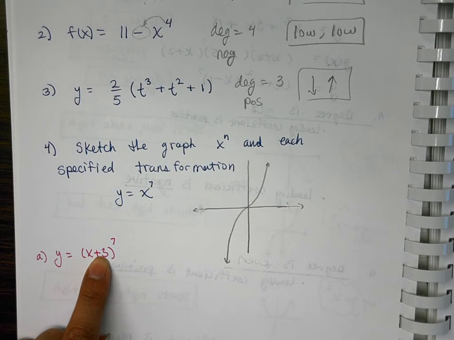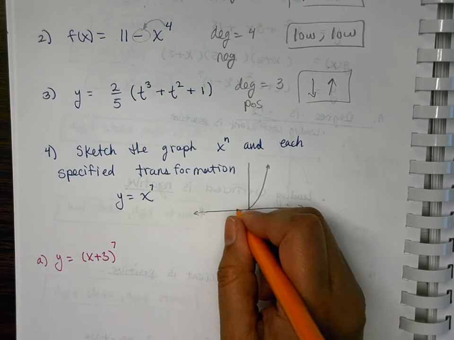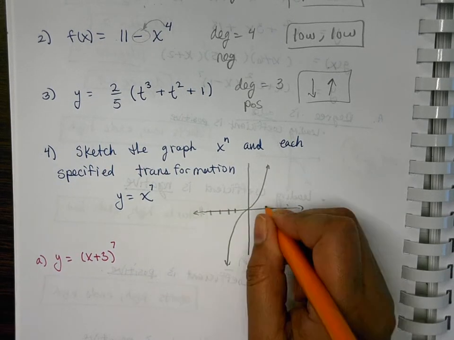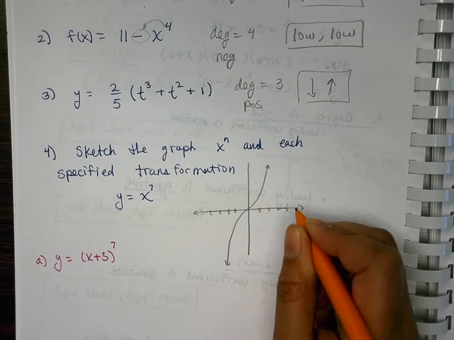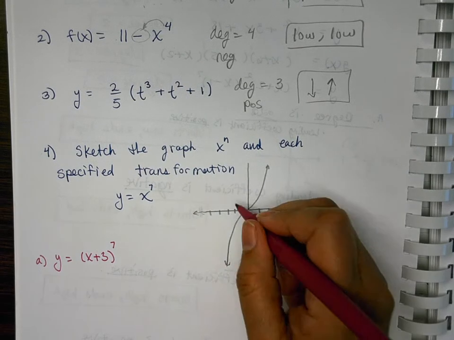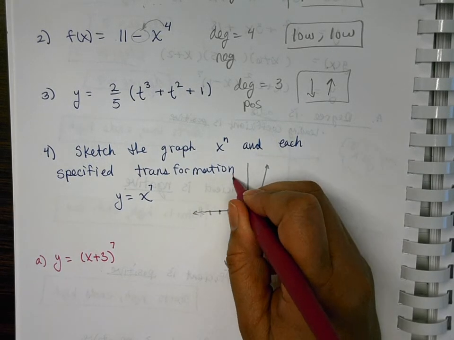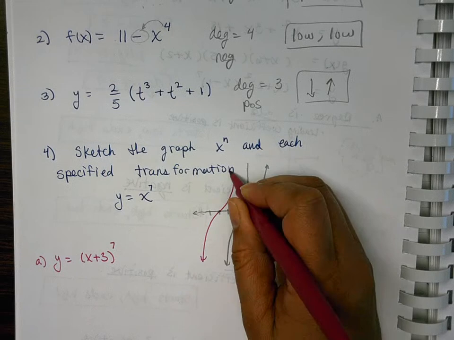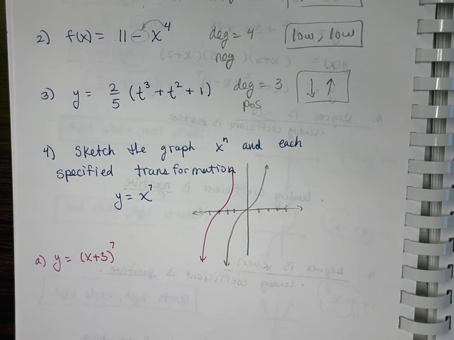Right-left. And because it's plus 3, it's going to shift which way? Left. How far? Left 3. And because the coefficient is still 1, it's not getting any thinner or wider. It's staying the same.